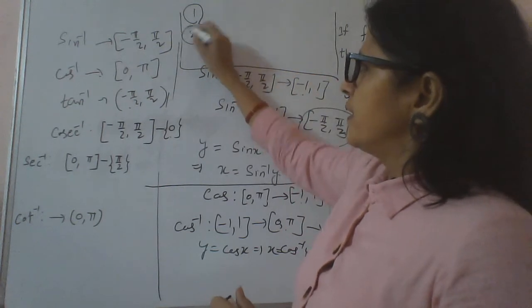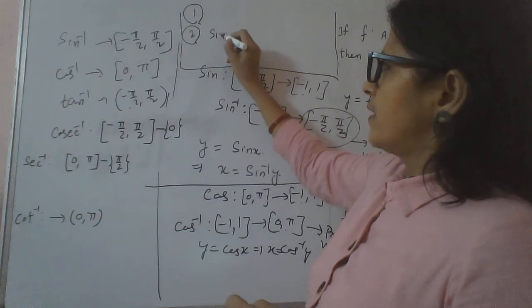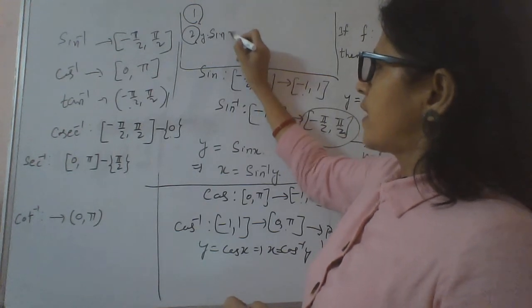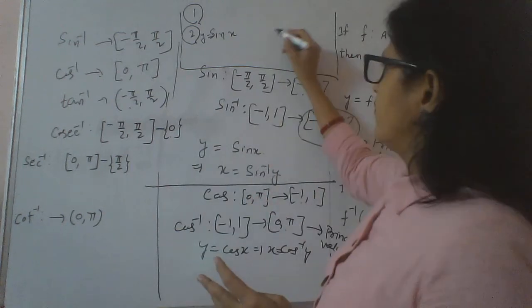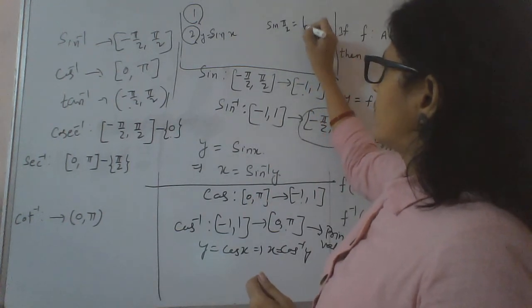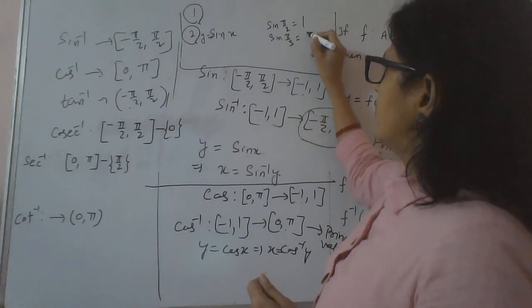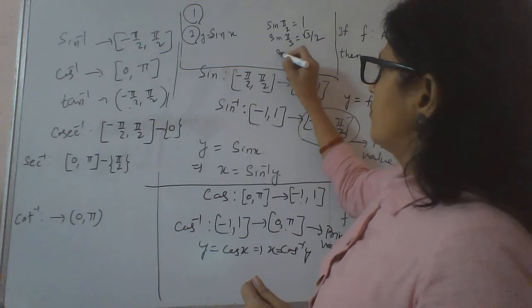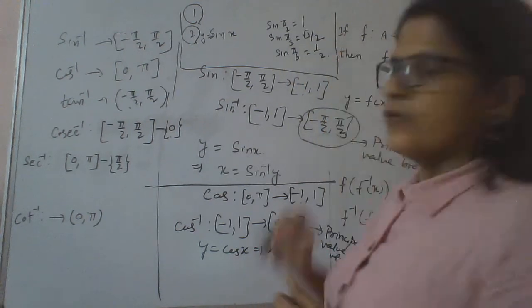Secondly, whenever we write y equal to sin x, and the value of sin x, suppose for example sin pi by 2 is 1, sin pi by 3 equals root 3 by 2, sin pi by 6 equals 1 by 2, like this.